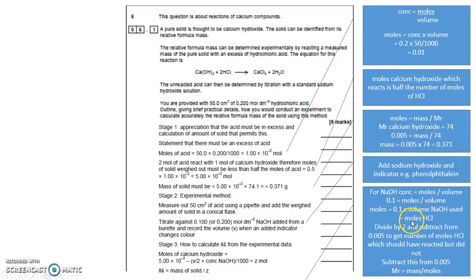So the number of moles of sodium hydroxide will equal 0.1 times the volume of sodium hydroxide that's been used. Now sodium hydroxide and HCl react 1 to 1, 1 mole of that reacts with 1 mole of that. So you've just worked out the number of moles of HCl that have been left over.